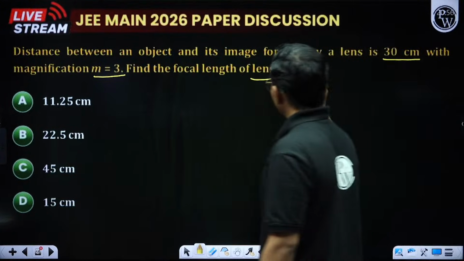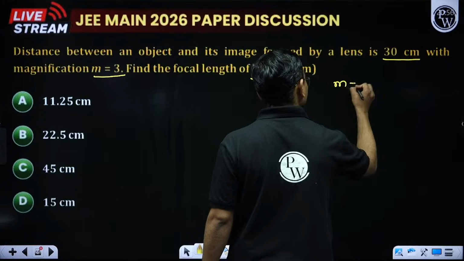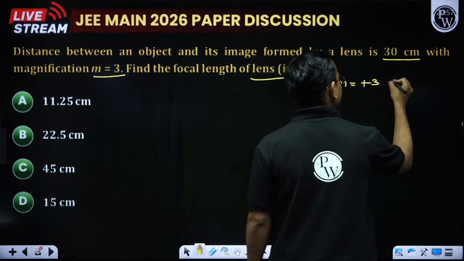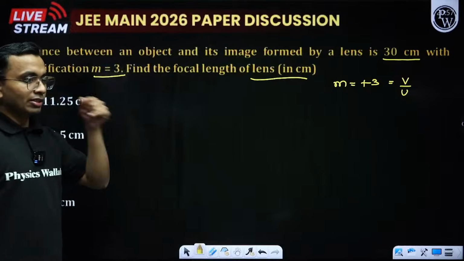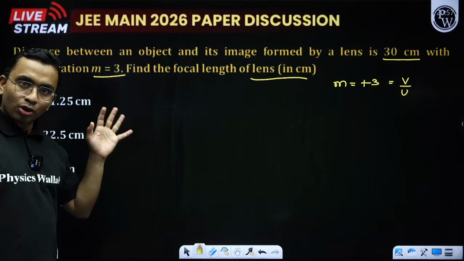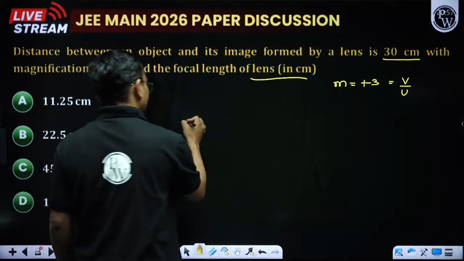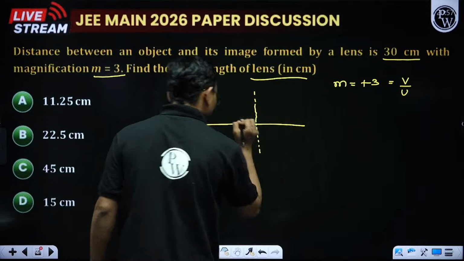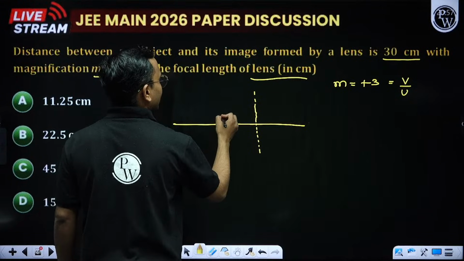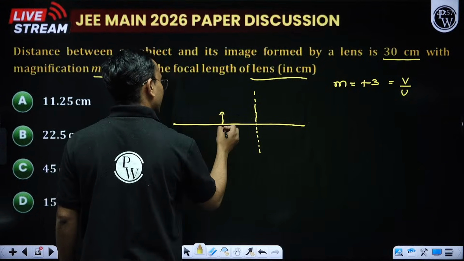Now magnification is plus 3. That is V by U. Magnification is plus 3. It means the image and the object both are on the same side of the lens. I don't know what type of lens it is. Okay. So object is here.